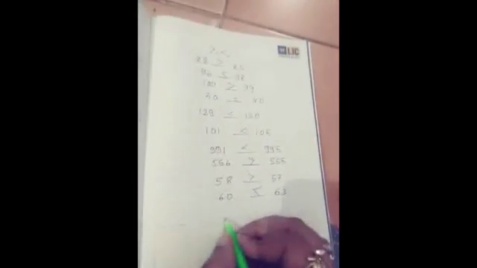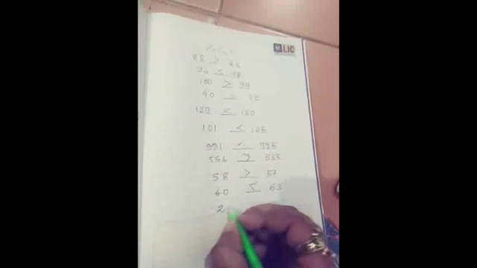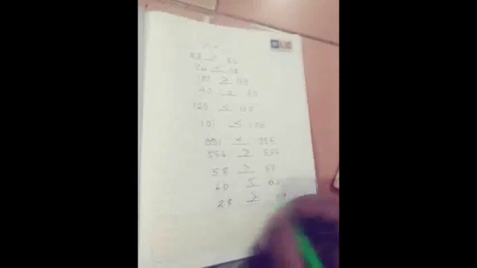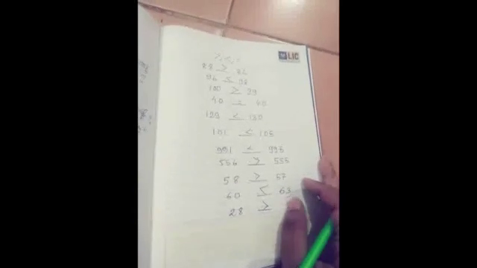By this way we will continue with 28 and 27. We have already done the worksheets, and we will also do the textbook worksheets so that you will not lag behind and you will be familiar with the greater, lesser and equal signs.